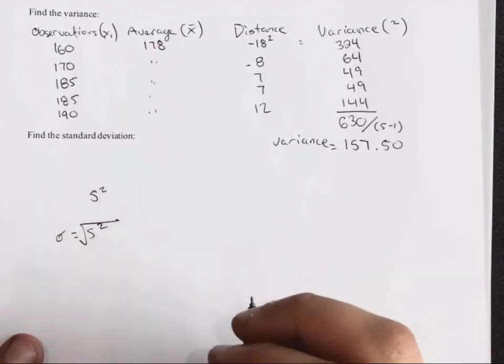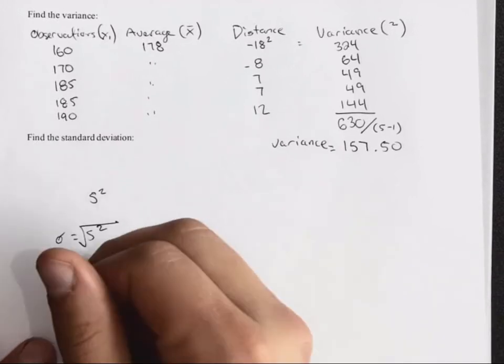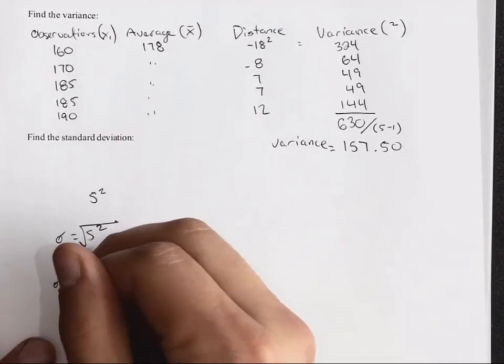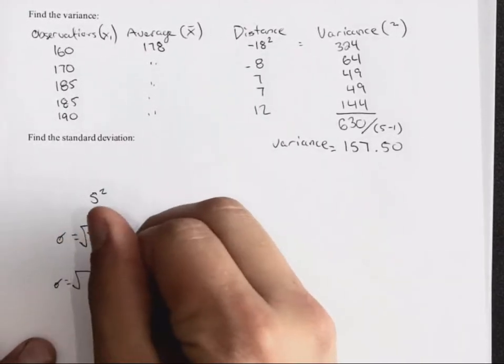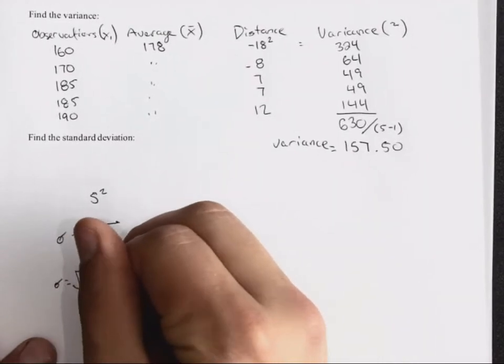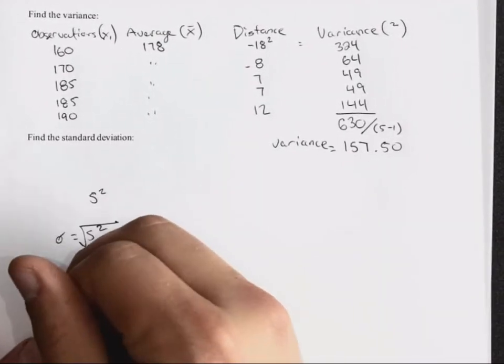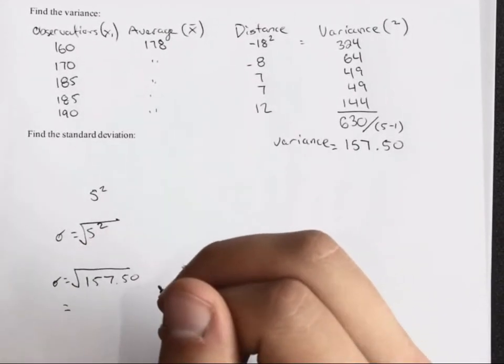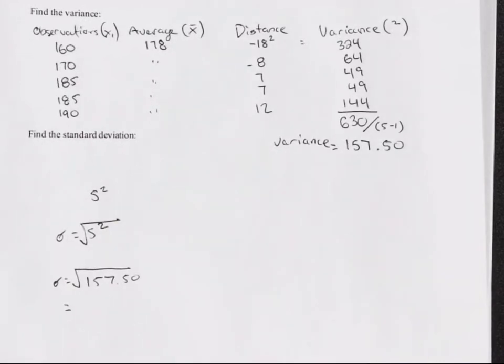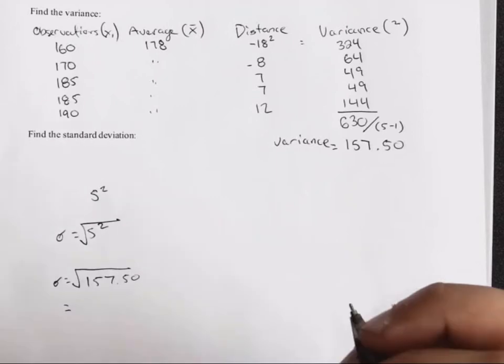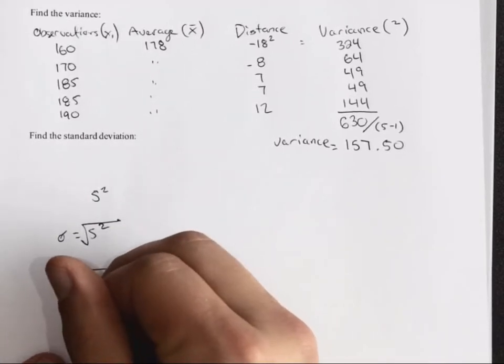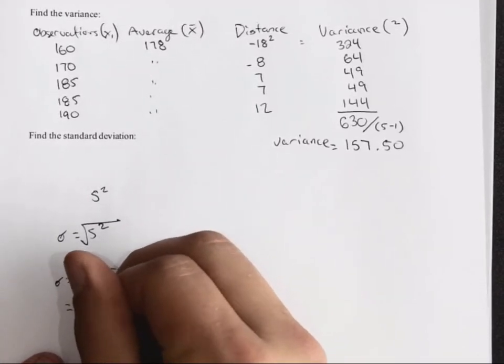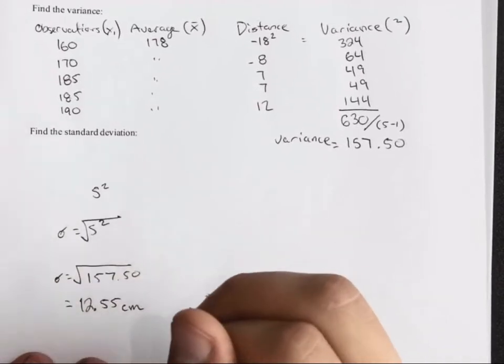So here we can enter that in, 157.50, and we get a standard deviation of 12.55 centimeters.